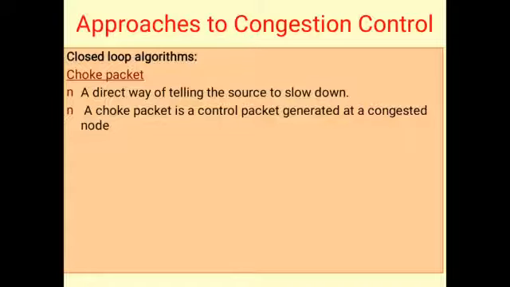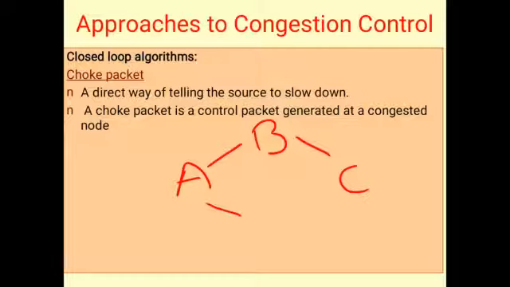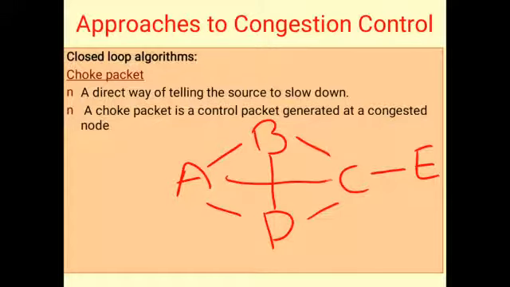For example, if we have a network like this, where A is one router, then B, C, D, and here E. This is a network. We have 5 different routers. From A to E, the data is transmitted. Here, for example, C is a slow receiver.